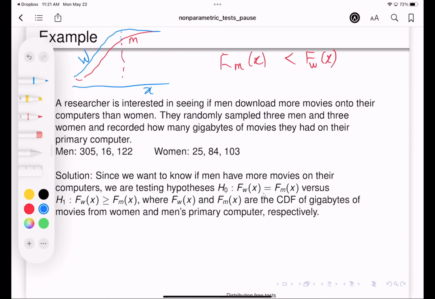So for the CDF, when we say men download more movies, we look at the CDF of men less than or equal to the CDF of women. This is the research hypothesis. We want to check whether there is evidence to support this research hypothesis.